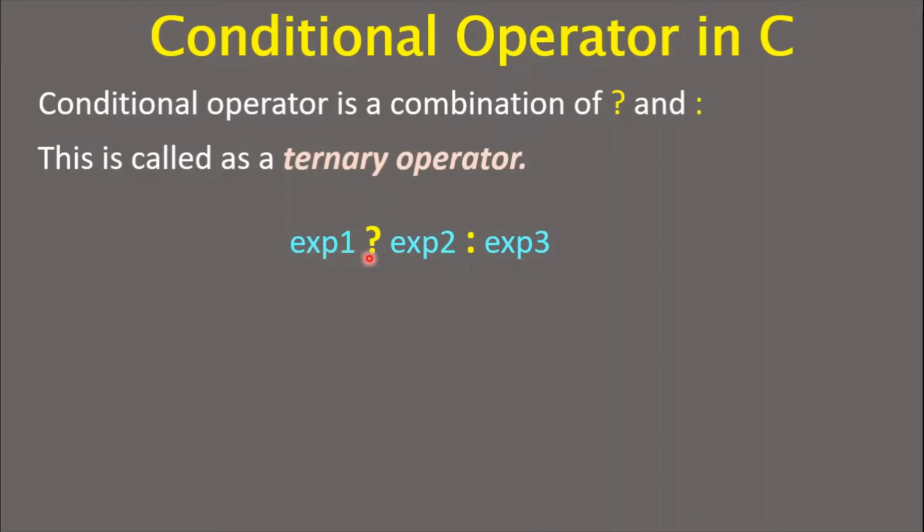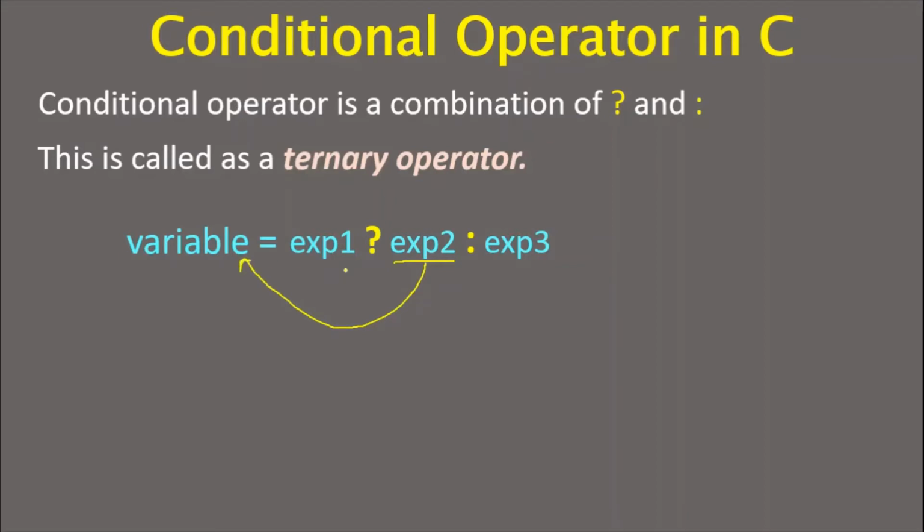That is one way of writing the conditional operator. The conditional operator can also be written in this manner, where a variable is equated with the result of the expression. It means that when you are checking the condition written in expression 1, there are two different possibilities. If this condition is true, then whatever value is obtained after calculation of expression 2, that value is stored in the variable.